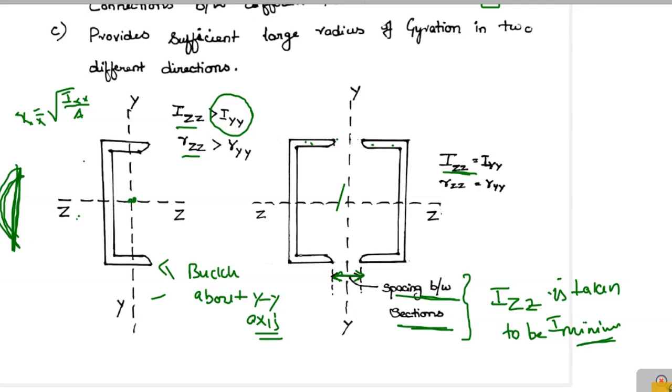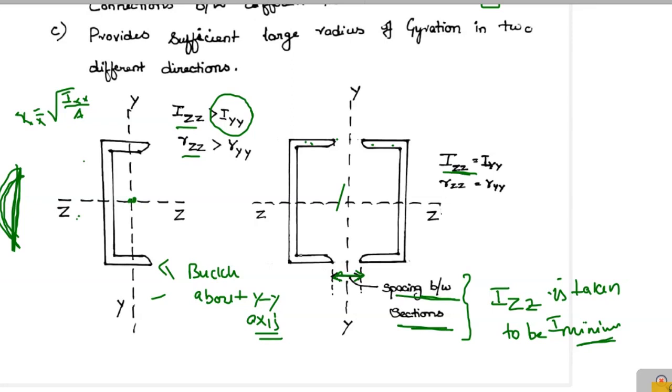So what happens to this built-up section if IZZ is equal to IYY? What is I minimum? IZZ or IYY, anything, right? So I don't know what is IYY of this whole built-up section, but I know what is IZZ of this built-up section, because even though it is an individual member or two members coming together, the moment of inertia about Z has not been changed.